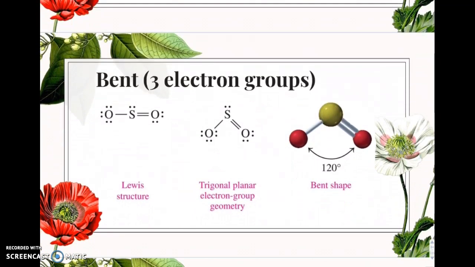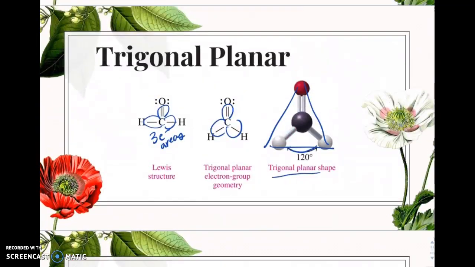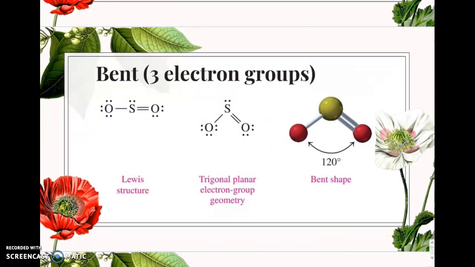Then we can also have three electron groups, but we don't call it trigonal planar. So trigonal planar, we have to have three corners of a triangle. But if we look here, look around the sulfur, the center atom. I have 1, 2, 3 areas of electrons, but one of those areas is a lone pair. And I can't actually see electrons, so I really only see my atoms like this.